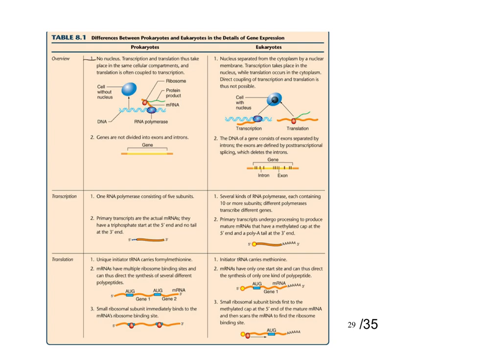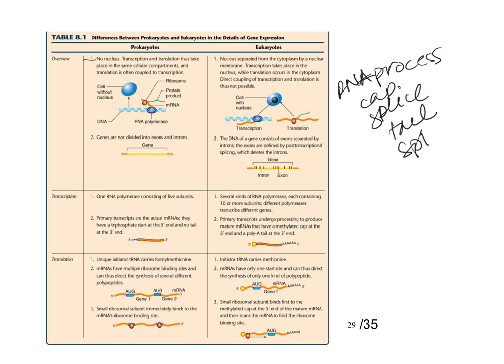No nucleus in the procs, right? Transcription and translation all together. In eucs, the nucleus separates from the cytoplasm, so transcription and translation are separated, and we have to do RNA processing first. Cap, splice, tail, maybe some more splicing.